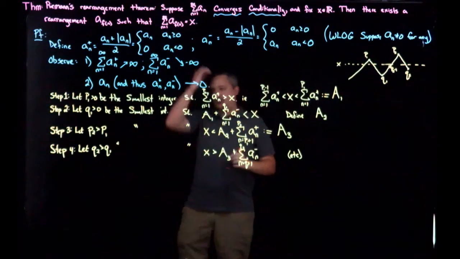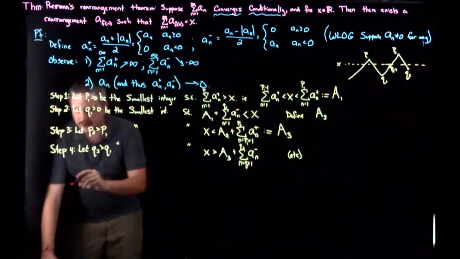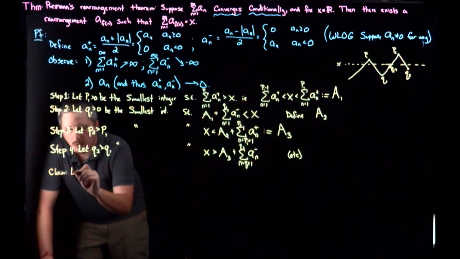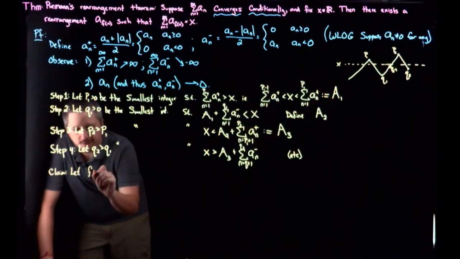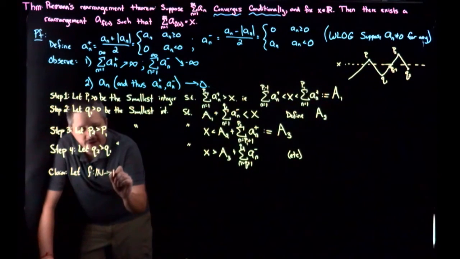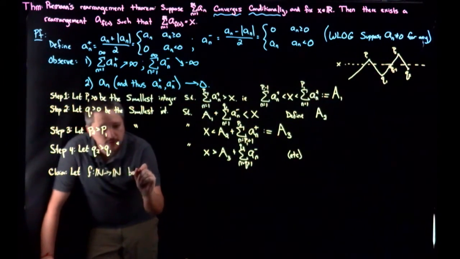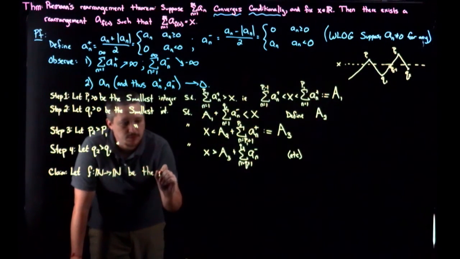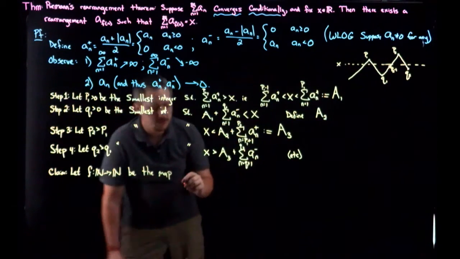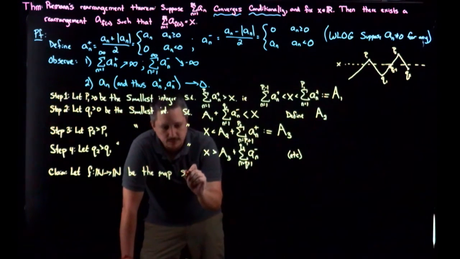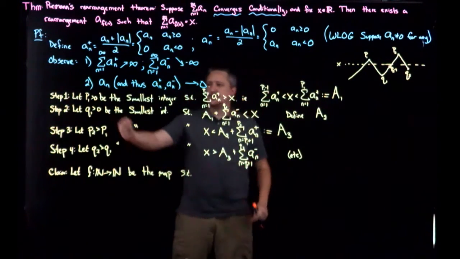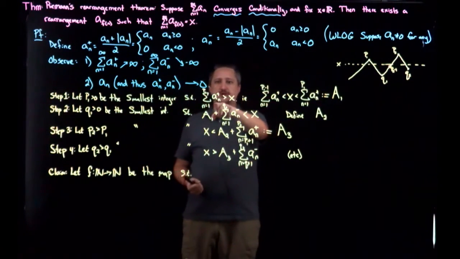But first and foremost, I want to show that this is, so claim, that f from natural numbers to natural numbers be the map such that, here I'm adding terms up, right?